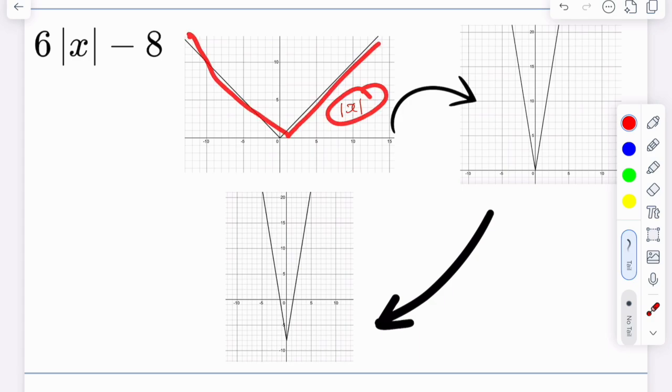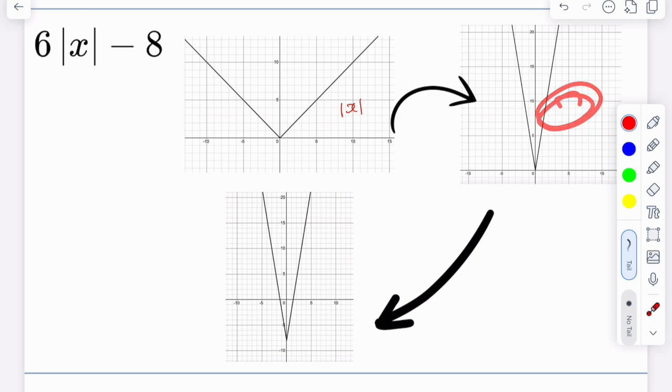Our initial graph. What we've done here is we have basically stretched it by a factor of 6. So here we've got 6 modulus x.